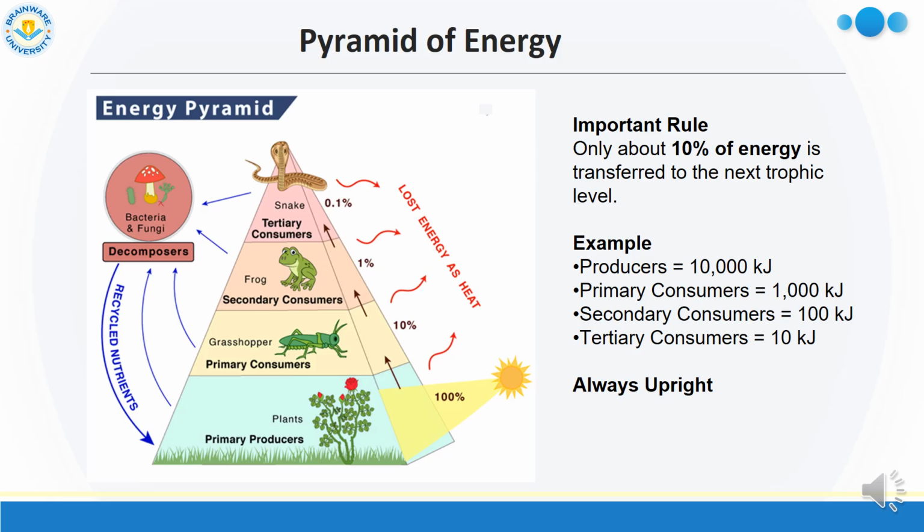So only 10% of energy will transmit from one level to the next trophic level. So this rule is known as 10% rule. And here the energy flow will be unidirectional because the energy will flow from producers to primary consumer, then secondary consumer, then to tertiary consumers.